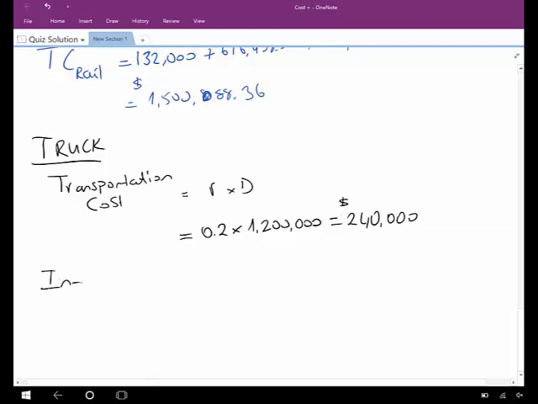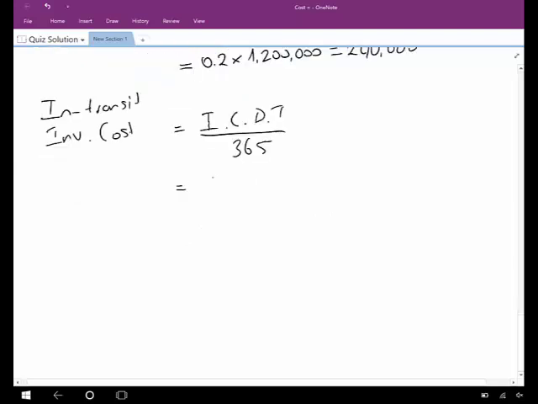In-transit inventory cost is I C D T divided by 365. That is 0.3 times 25 times D, in this case again 1.2 million pounds. The truck takes only 13 days to deliver this item, and I'm going to divide by 365.